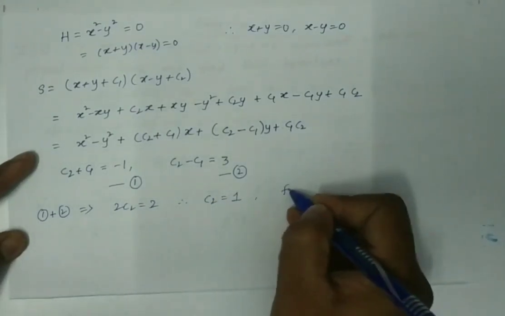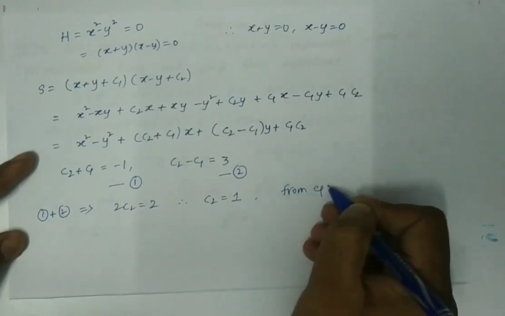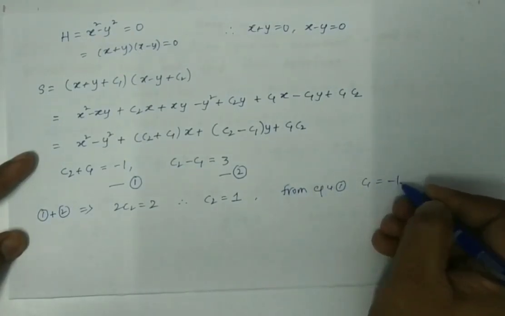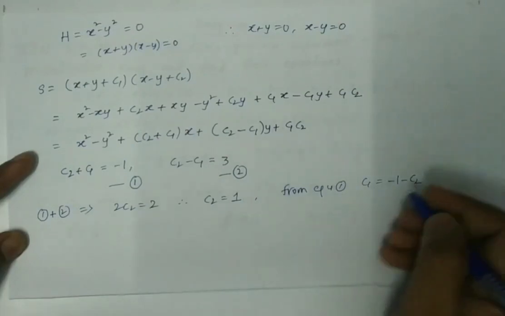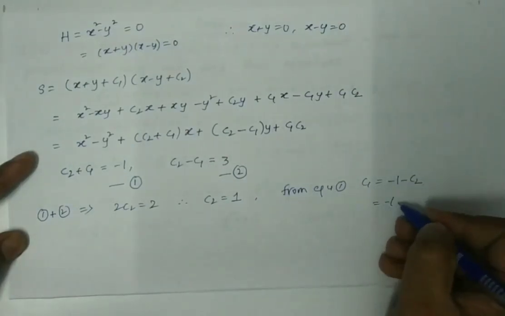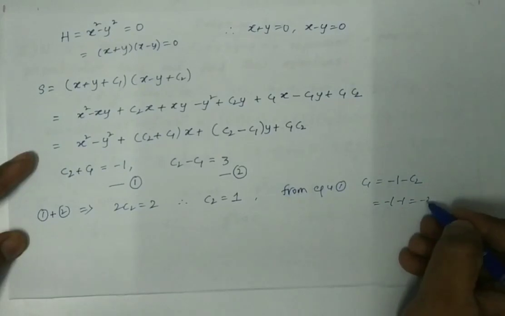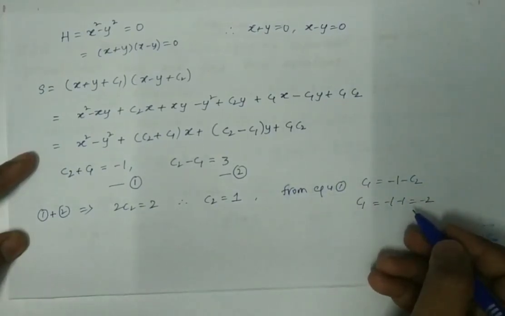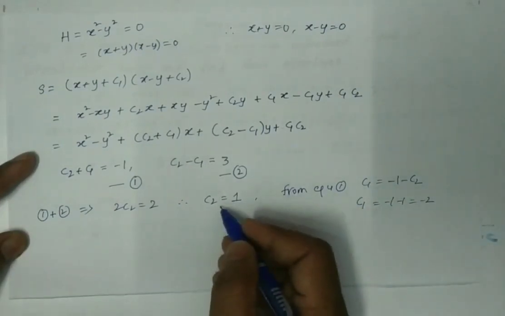From equation 1, c1 can be written as minus 1 minus c2, which is equal to minus 2. Therefore c1 is equal to minus 2 and c2 is equal to 1.